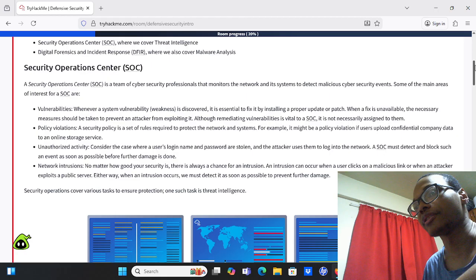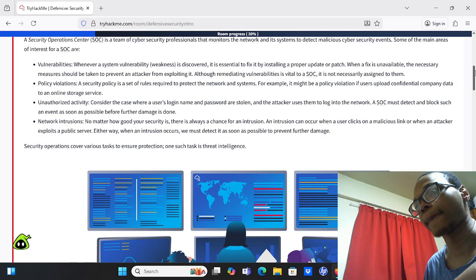Policy violation. A security policy is a set of rules required to protect the network and systems. For example, it might be a policy violation if users upload confidential company data to an online storage service. Unauthorized activities. Consider the case when a user's login name or password are stolen and an attacker is using them to log into the network.